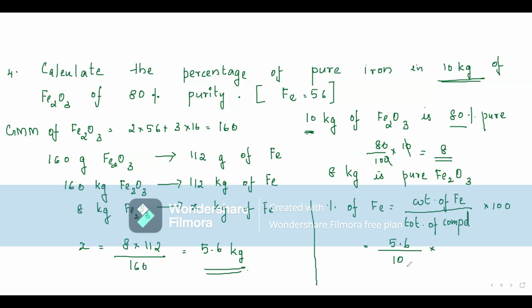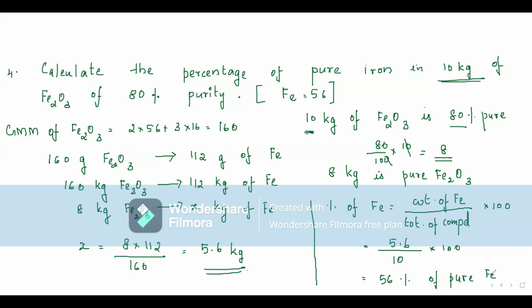Total weight is 10 into 100. So that makes it 56% of pure Fe is present. Okay, this was a slightly difficult one. You can listen to this method solution twice or so, you will understand it.